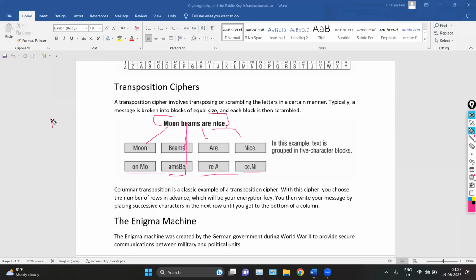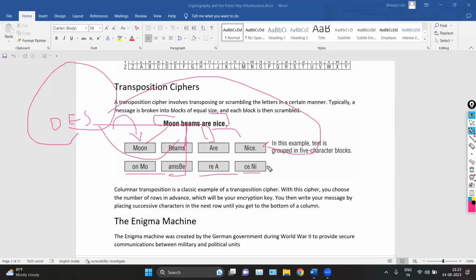Let's say, just as an example, you are using the DES algorithm on each block: first this block, then this block, then the fourth block, individually. You are not applying the algorithm to all four blocks at once, but one by one, using the same algorithm on every block. That is known as block ciphers.